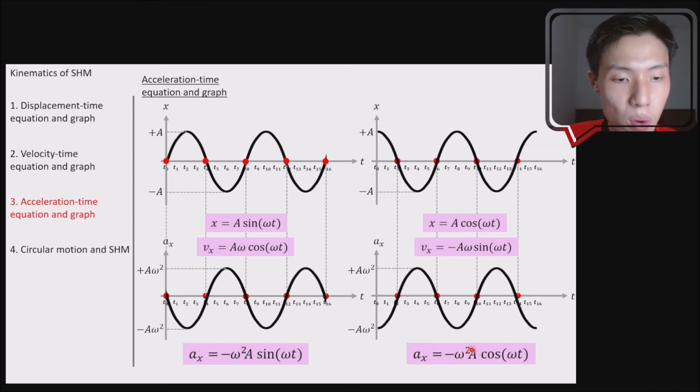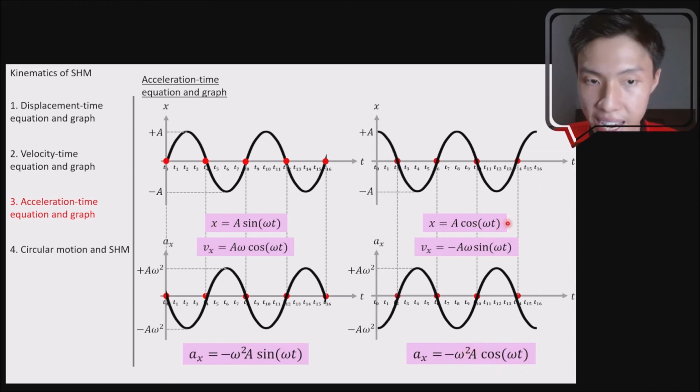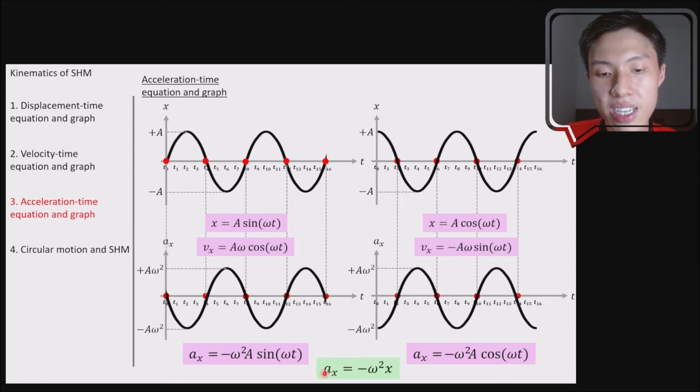And you can see here what's at the back here, a cos omega t, is also just x. So for your acceleration equation, you will always see that acceleration is equal to negative omega square x.